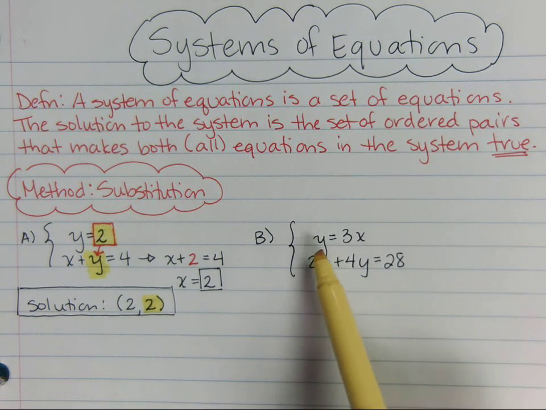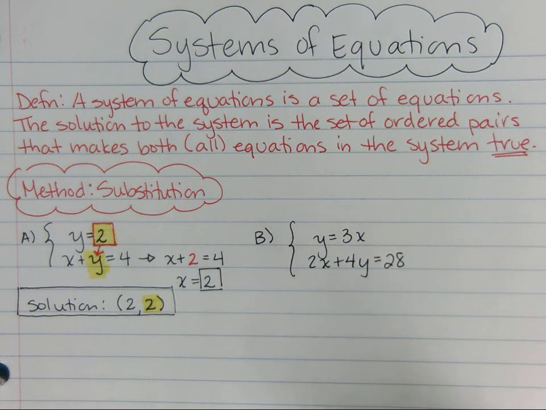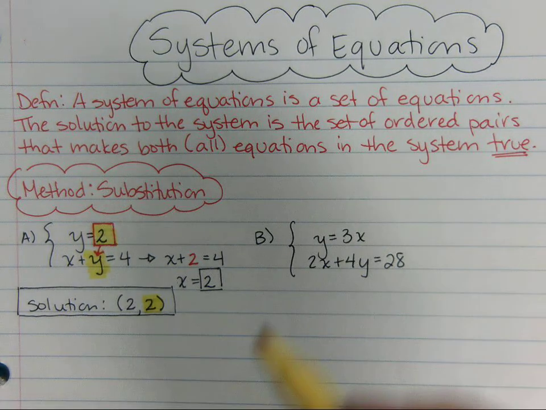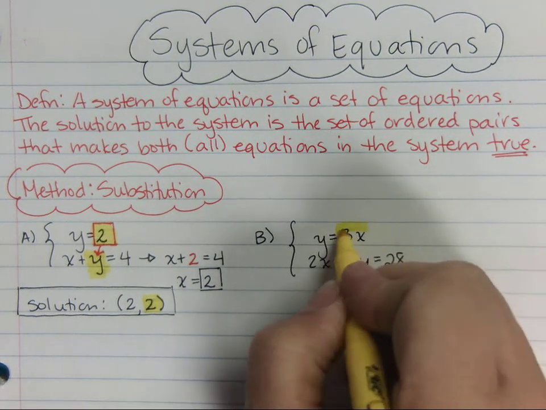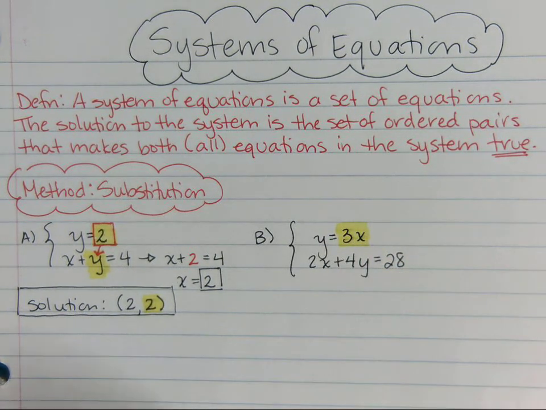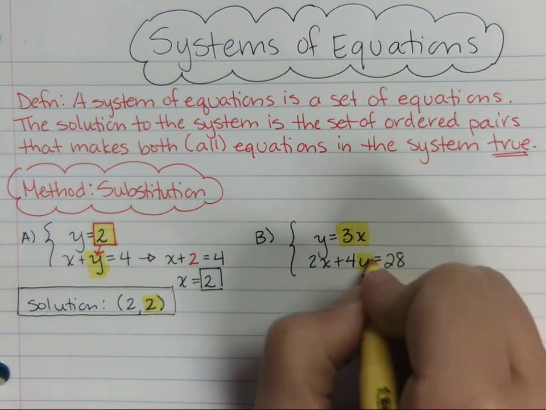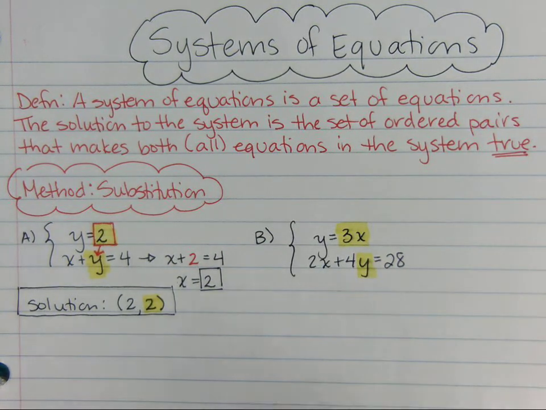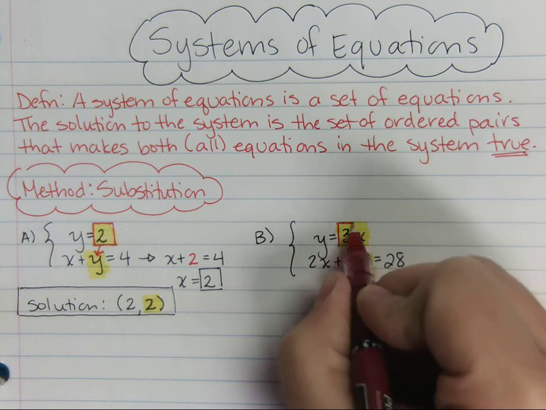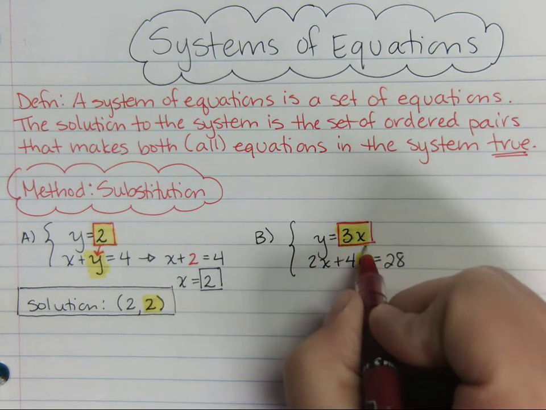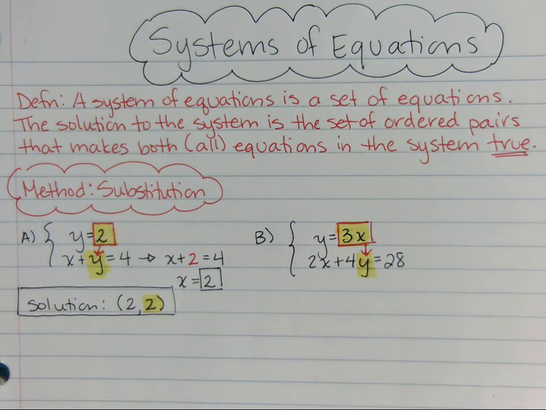So now I do have what y equals, right? But instead of y equaling a number, right now we have what y equals as an expression. So I'm going to have to take this entire expression, what y equals, and substitute again for the variable y. So what I need to do is plug or substitute this whole expression in for that variable.